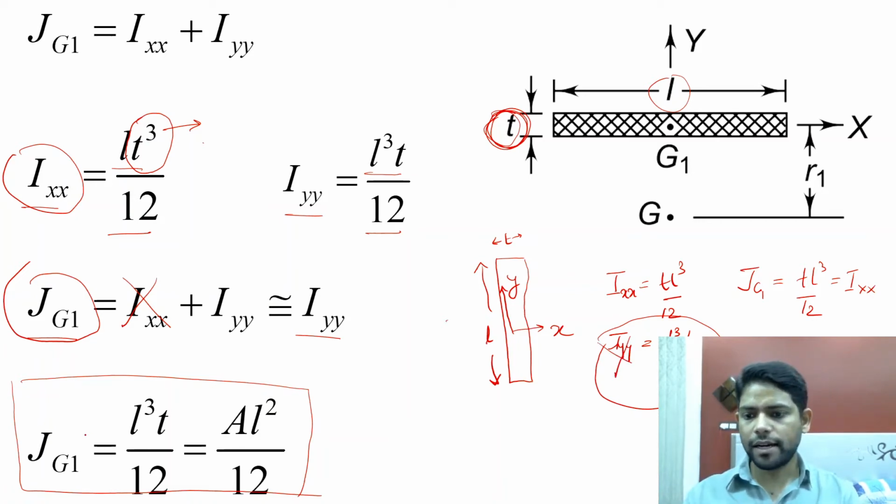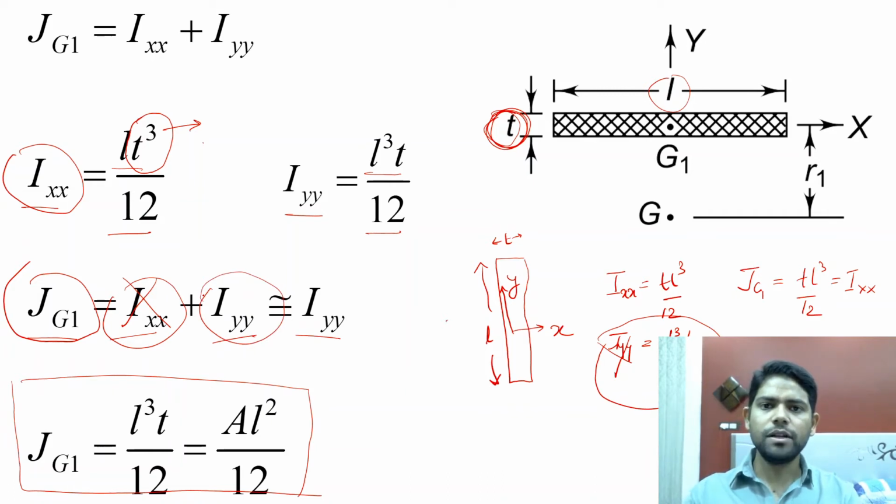You cannot say that in every situation you have to neglect Ixx or Iyy. If the weld is horizontal, you have to neglect Ixx. If the weld is vertical, you have to neglect Iyy. Anyhow, you have to neglect the term which basically has T cube, because this is a small quantity, and we are going to neglect this term only for the ease of calculation.